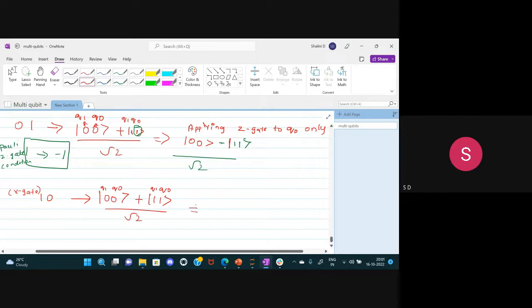If we apply the X gate to Q0 only, what is the condition? 0 becomes 1, 1 becomes 0.